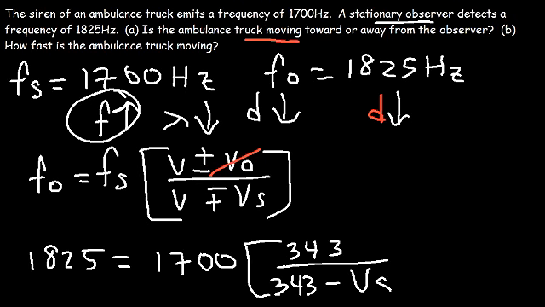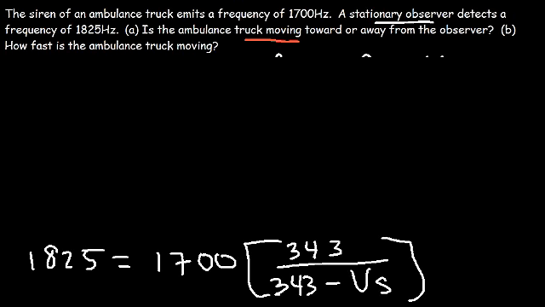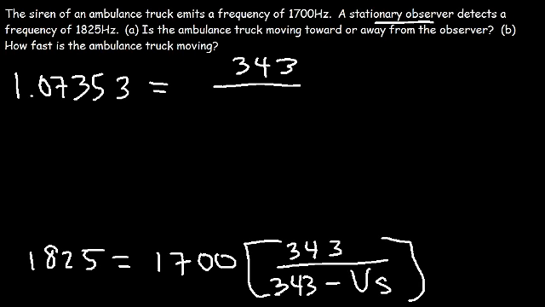So it's going to be minus Vs. So let's divide both sides by 1700. 1825 divided by 1700 is about 1.07353. And that's equal to 343 divided by 343 minus Vs.